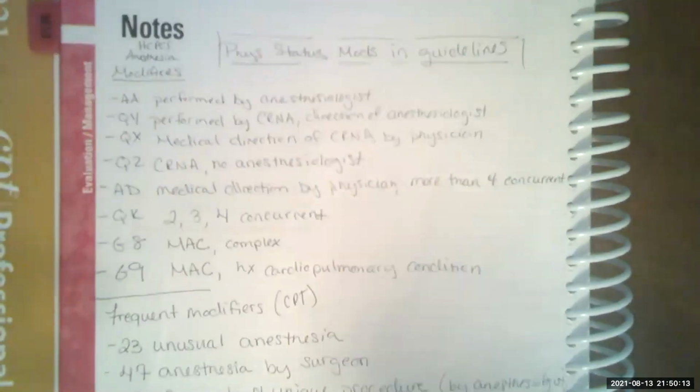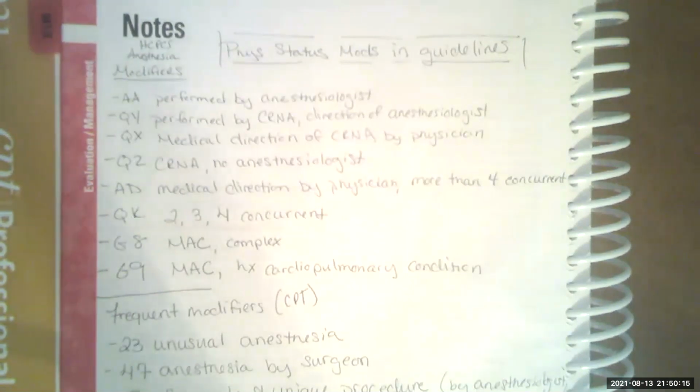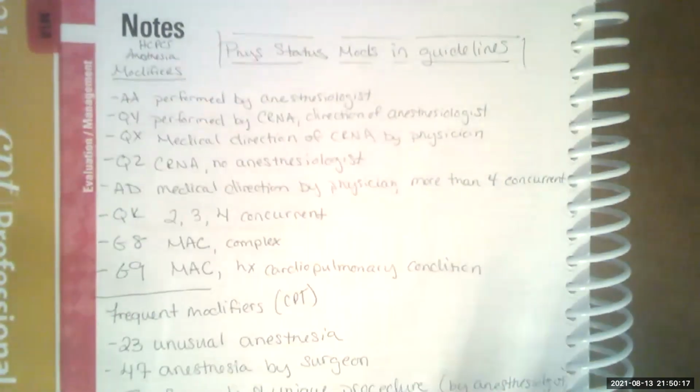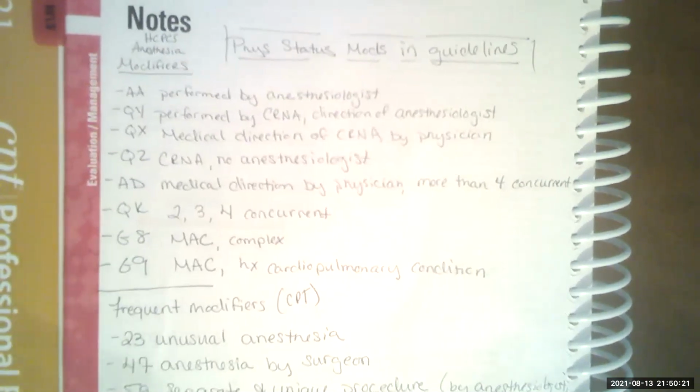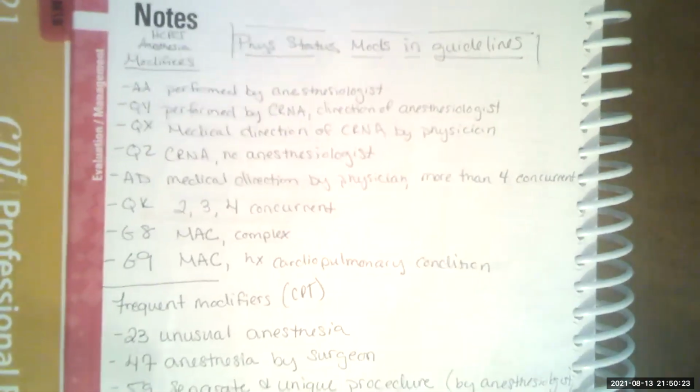On the next page is where we start anesthesia, that's page 71 in the CPT. If you look here, this is where I have written my notes. This is a great page. I would highly recommend you use this page up. Right now, I only have information about modifiers, but I'm sure I'll add more as I go along.